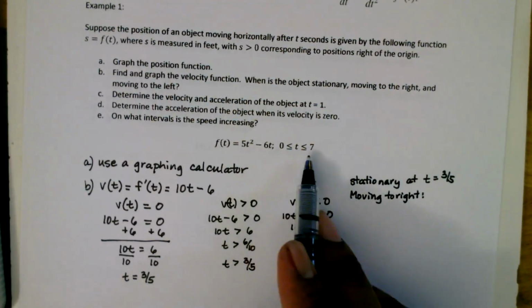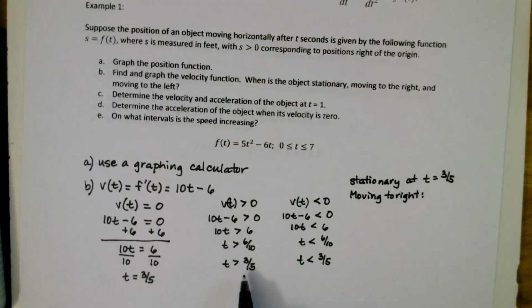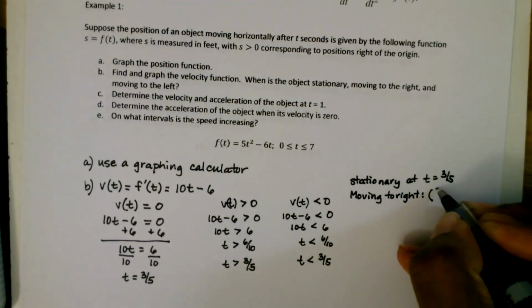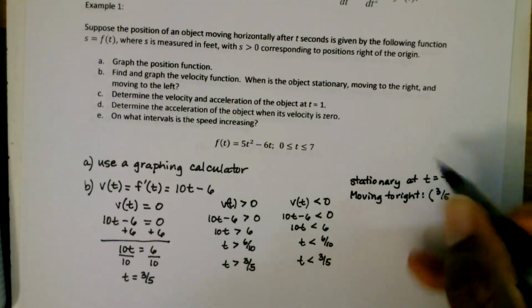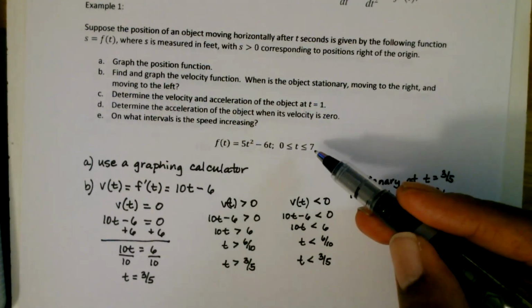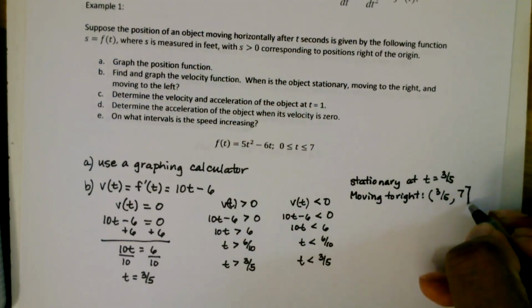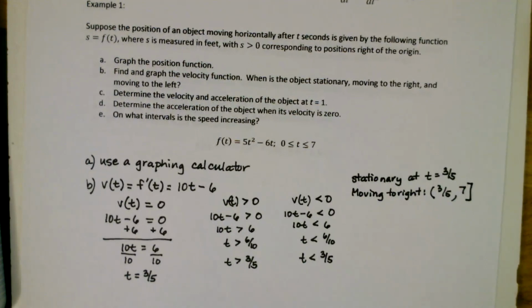We're restricted from 0 to 7. So if it's moving to the right, it's got to be greater than 3/5. So we use a left parenthesis for 3/5, and we go up to the maximum on this interval, which is going to be 7. So from 3/5 to 7, the object is moving to the right.